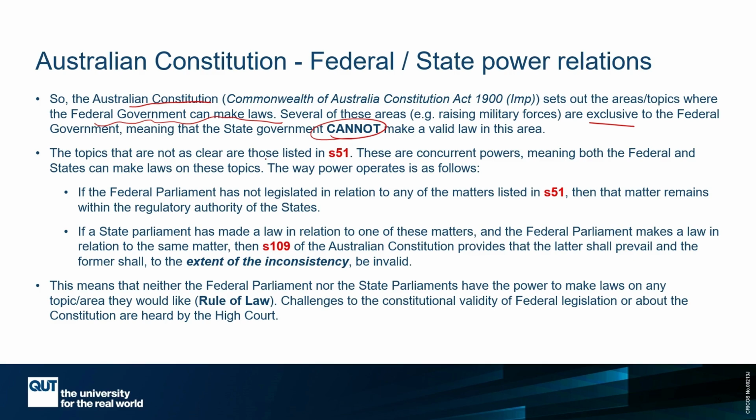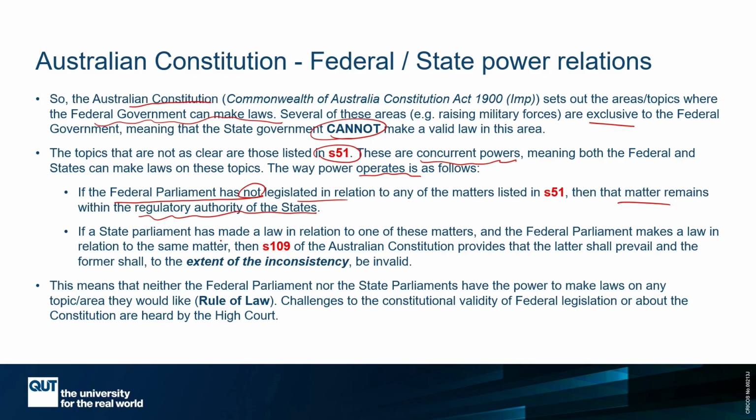The topics that aren't as clear, most of them are listed in Section 51, and they're concurrent powers, meaning both the state and federal governments can make laws. So what happens if there is a conflict? How does this actually operate? Well, if the federal government hasn't legislated the area, then that issue remains within the authority of the states.